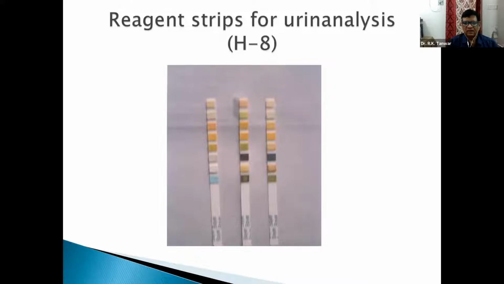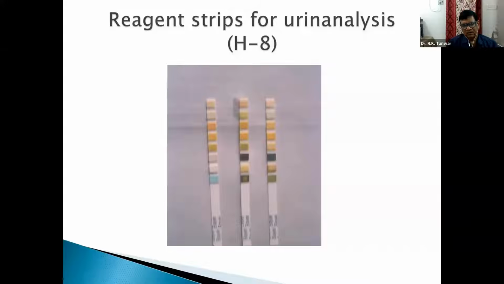Reagent strips for urine analysis are available in the market. There are two types. The H8 has 8 pads, with which any field vet can examine the urine for pH, specific gravity, ketone, glucose, leukocytes, nitrate, RBC, etc. So I think every field vet should have this reagent strip in his practice kit.